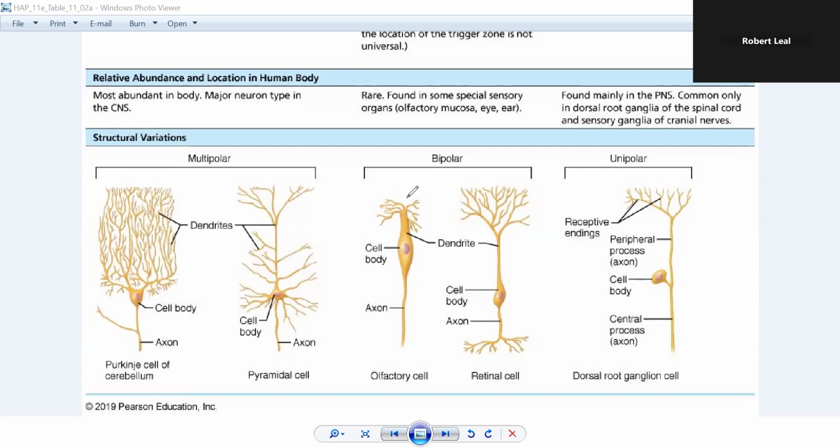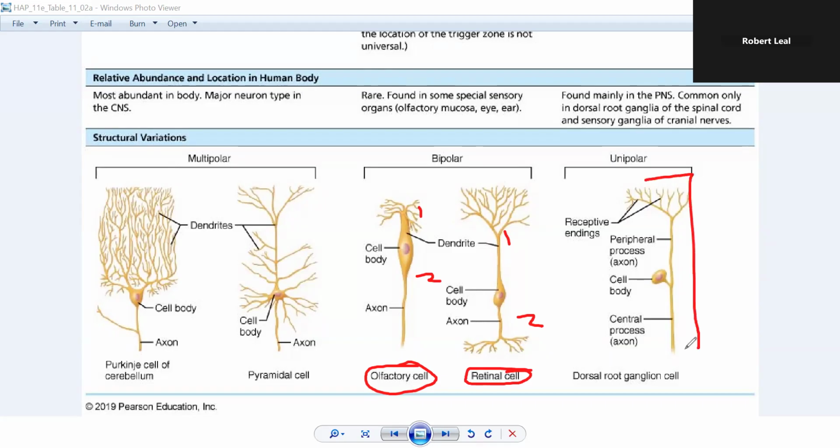Bipolar neurons, you can see two processes coming off the cell body. This type here called an olfactory cell, you'll find in areas where you're going to do smell, up high off your ethmoid bone. Olfaction means smell. And then the retinal cell, you'll find within the eye, the retina helps convey information dealing with vision.